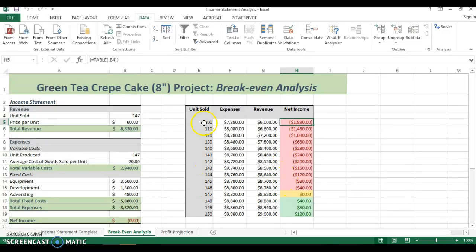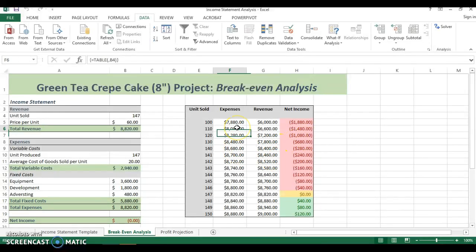I did it from 100 to 150. Look in here, if I sold 100 cakes, I will be making a negative income, which means I will be losing money. And I will not start gaining money until I sell 148 cakes. If I sell 148 cakes, I will be making a $40 profit.